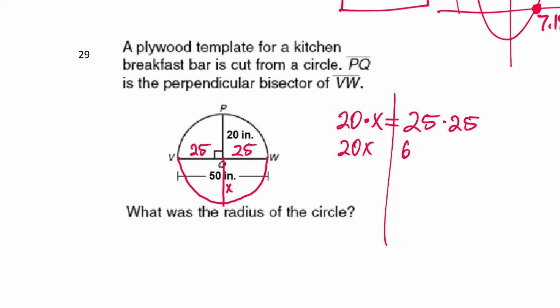So 20x equals 625, I believe. Divide by 20. And x gives you 31.25.